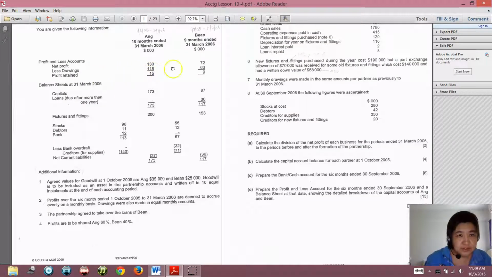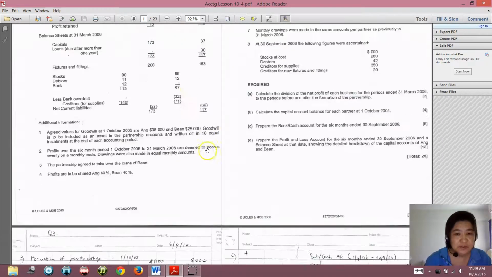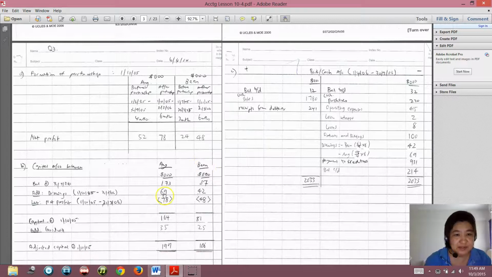So you see the drawings for the 10 months for Ang is 115. So how much is the drawings for 6 months? So you will take 6 divided by 10 times 115. So the drawings for 6 months is 69,000. This is in thousand.